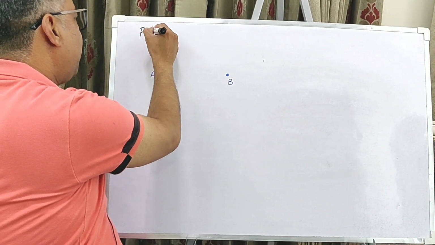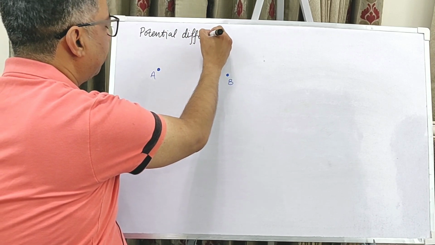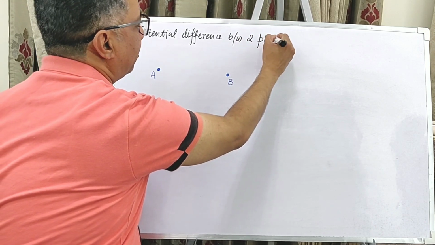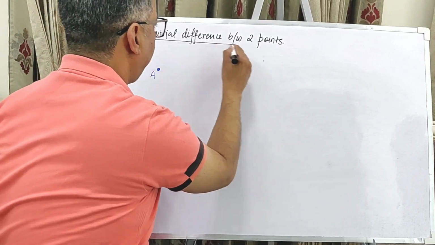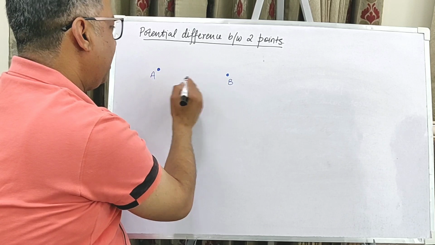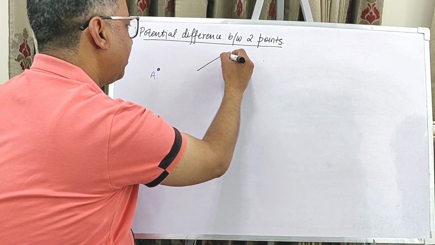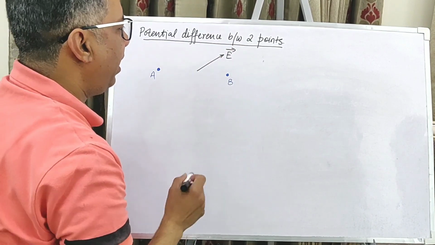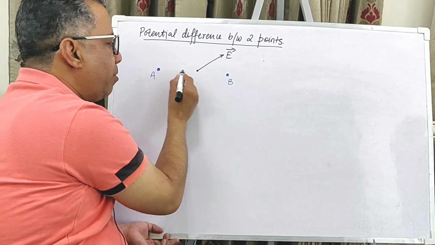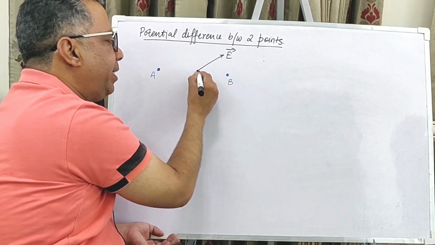So potential difference between 2 points. These 2 points are A and B. Now let's say in this region of space there is some electric field having an electric field intensity E. Now what we are doing is we are taking a unit positive charge from A to B. Therefore, the force on that unit positive charge will be equal to this field.